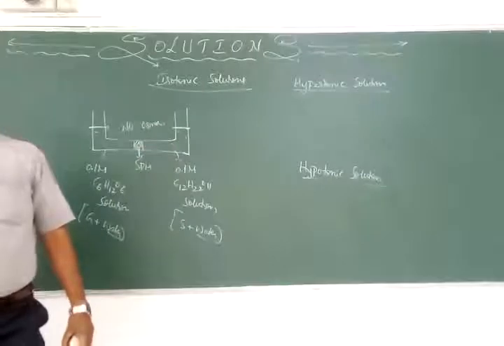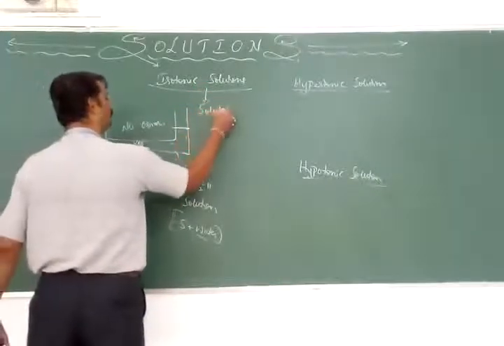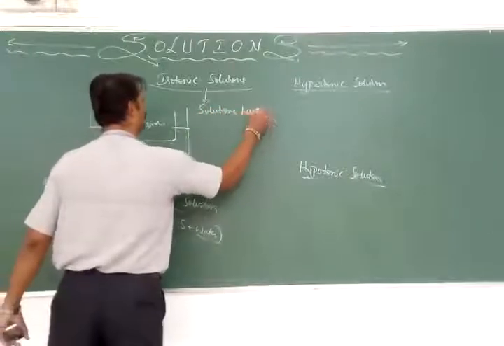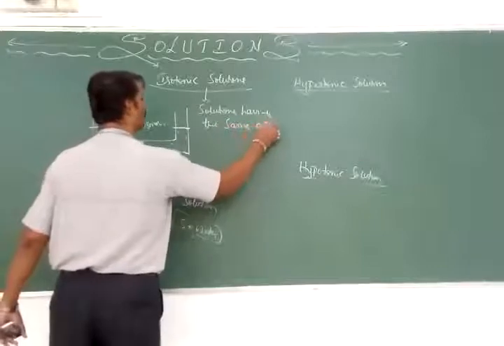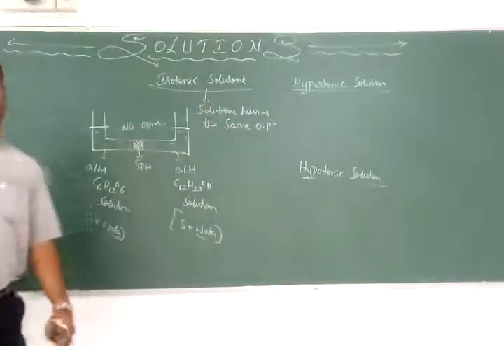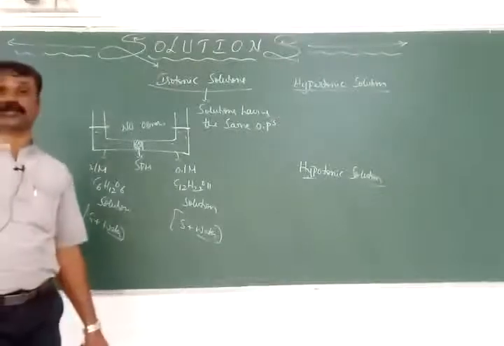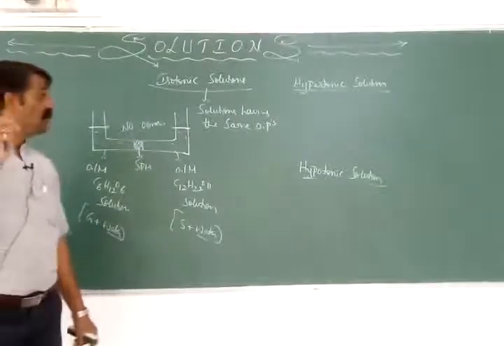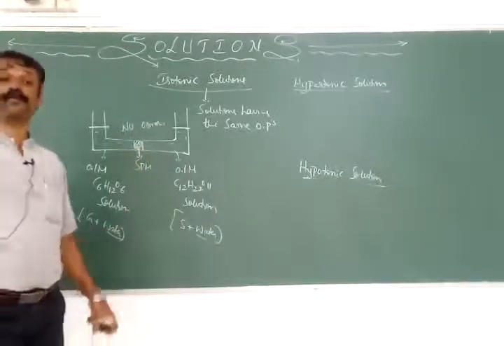Because they are called isotonic solutions. Solutions having the same osmotic pressure are collectively called isotonic solutions. Any solution which has the same osmotic pressure is isotonic.